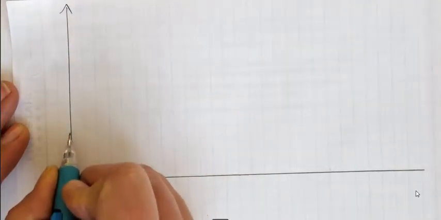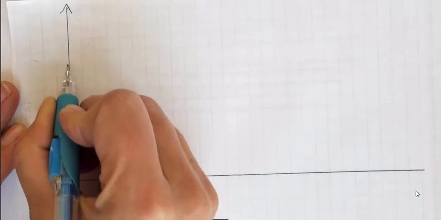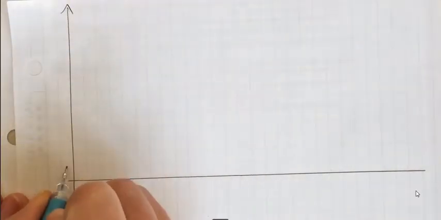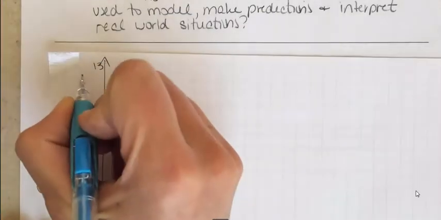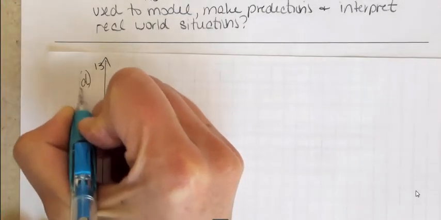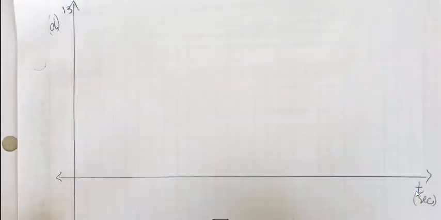Okay, cool. So this is going to be a height of 13, which is my max height. This is the D axis. And then this is my T axis, which is in seconds. And this is in feet.